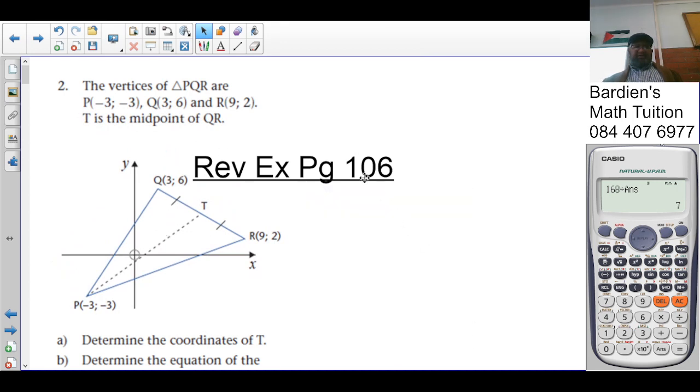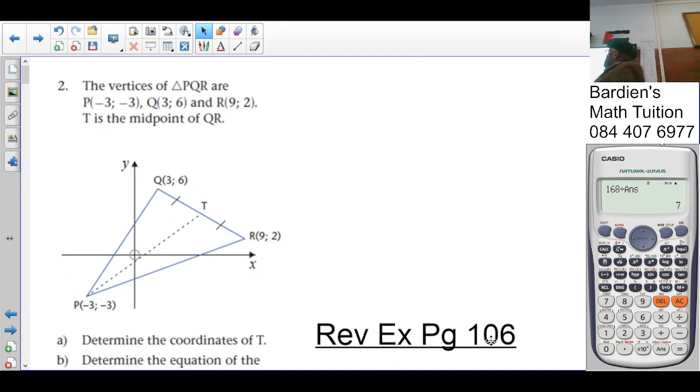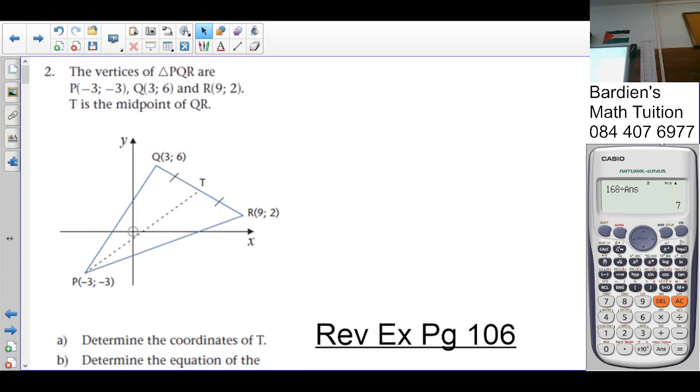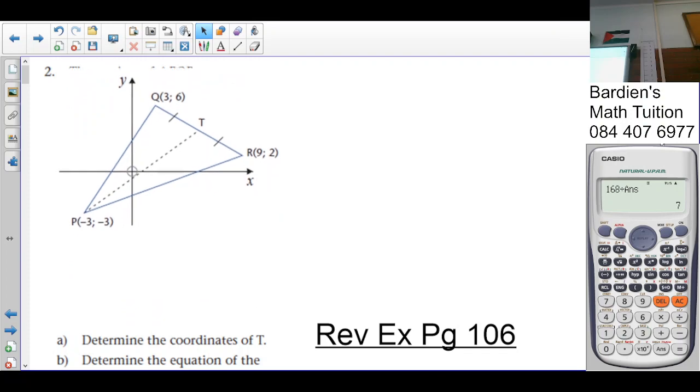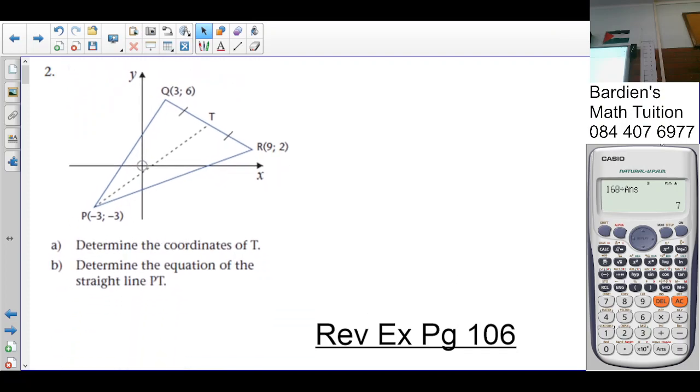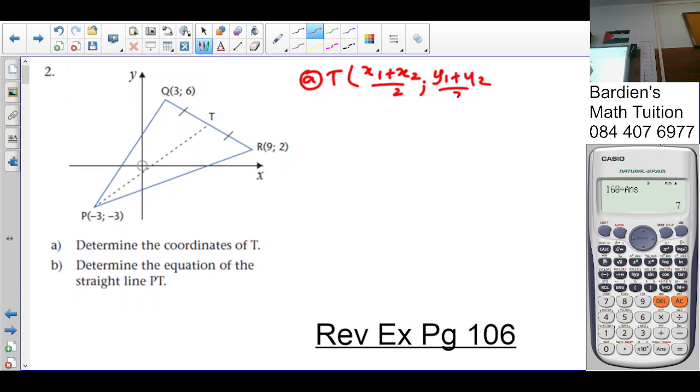So we are told here, in number 2, the vertices of triangle PQR are P, which is negative 3 and negative 3, Q, which is 3 and 6, and R, which is 9 and 2. T is the midpoint. The question A says, determine the coordinates of T. So if T is the midpoint, it's going to be x1 plus x2 over 2, y1 plus y2 over 2.